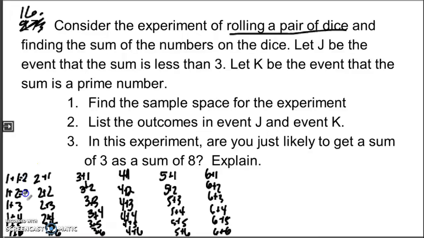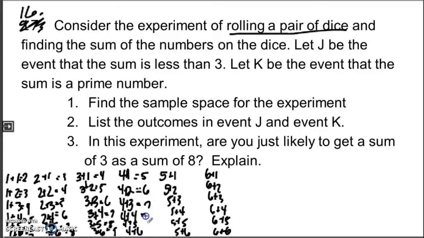So I could get a 2, 3, 4, 5, 6, or a 7, 3, 4, 5, 6, 7, or an 8, 4, 5, 6, 7, 8, 9, 5, 6, 7, 8, 9, 10, 6, 7, 8, 9, 10, 11, or 7, 8, 9, 10, 11, or 12.